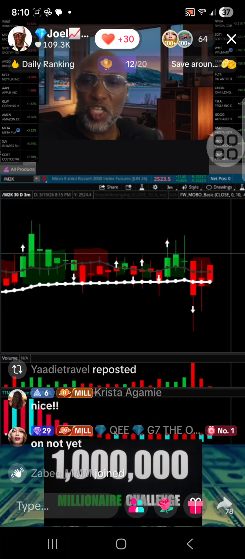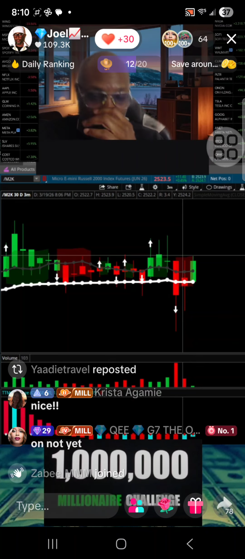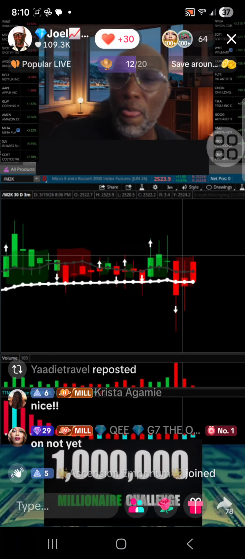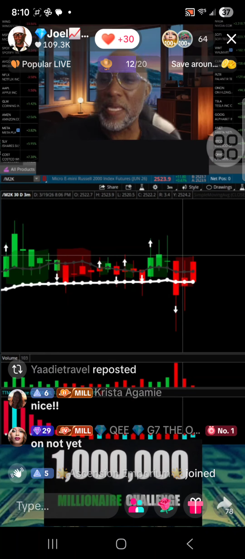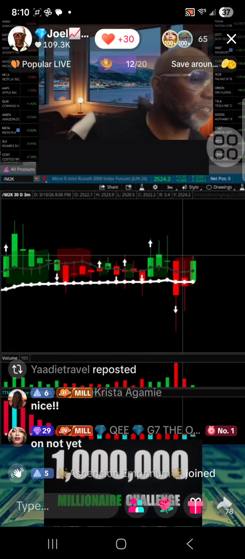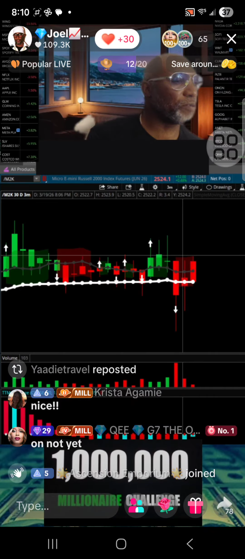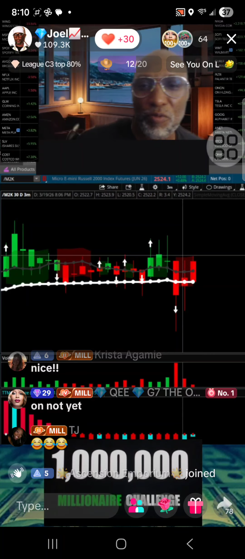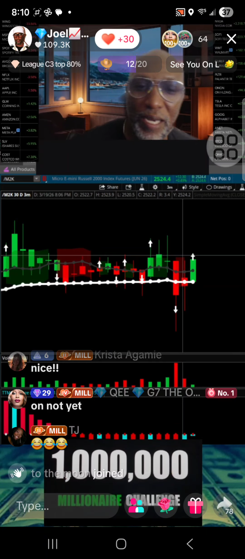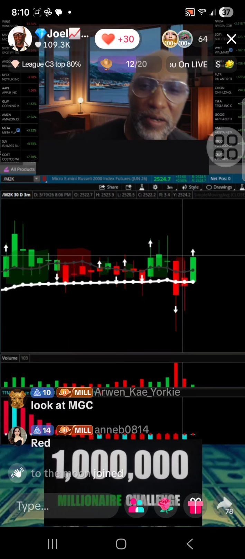All right, this looks choppy jalopy too. Choppy jalopy. If I was to take anything, it would be a short. What color do you guys see on the screen? What color are my candles? They're red, right? So when you see it red like that and you see we're really not pushing anywhere, it looks terrible.